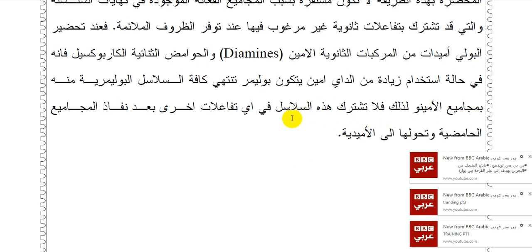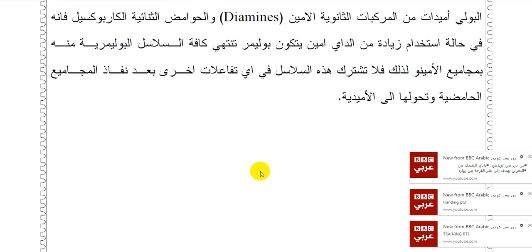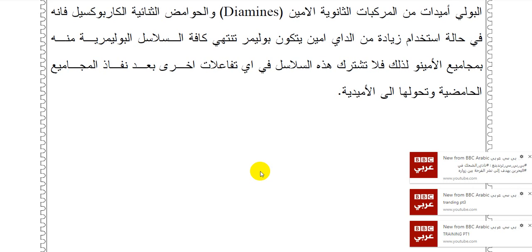Thus, as you can see right here in front of you, the chains will not take part in any further reactions after the acidic groups are converted to amidic groups. So the chains will take part in further reactions only after the entire acidic groups are converted to amidic groups.